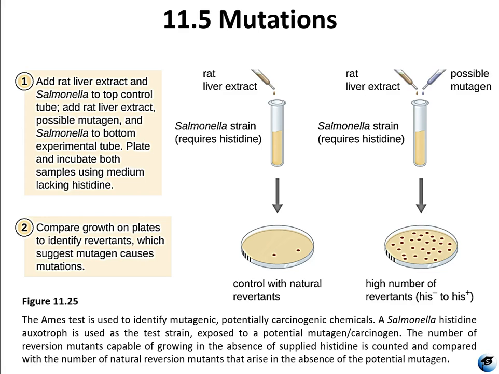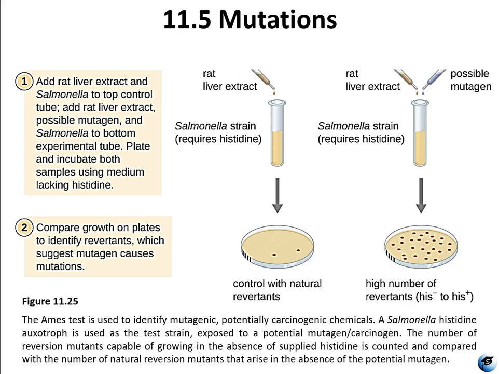Okay, so they add this extract from a rat liver that has a Salmonella strain that requires histidine to grow. So this is what's growing out on this plate. And then in this one, they have this possible mutagen. This is the thing they're testing. So in order to test to see if this mutagen is a possible carcinogen, they compare the growth of these two.